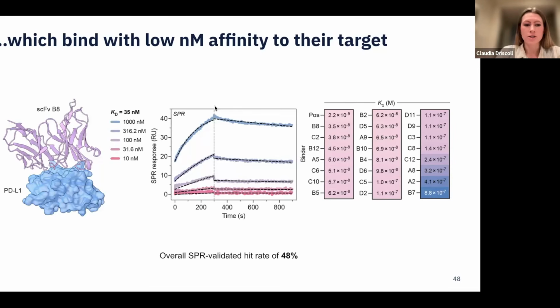Again, these were screened in Fab format, not SCFV. So it's good for us to see that we can design these as small SCFVs, but they can translate to therapeutically relevant molecules.